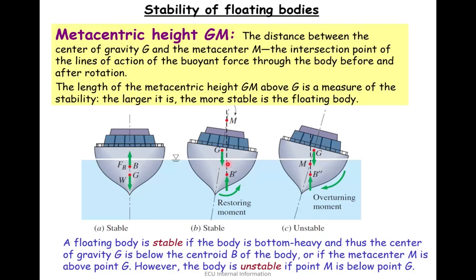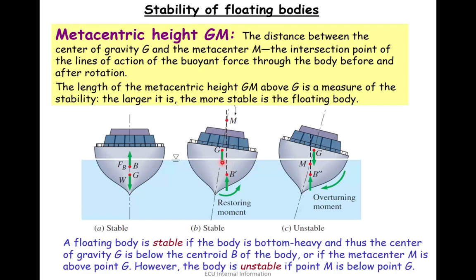Now, if it is tilted to the right, as you can see here, the line passing through the center of gravity would be that one. Sorry, the center of buoyancy would be that one.